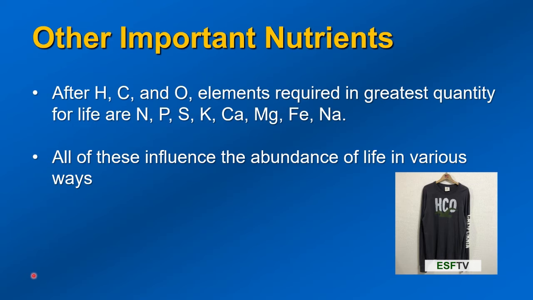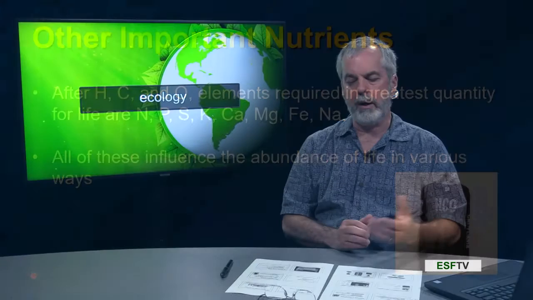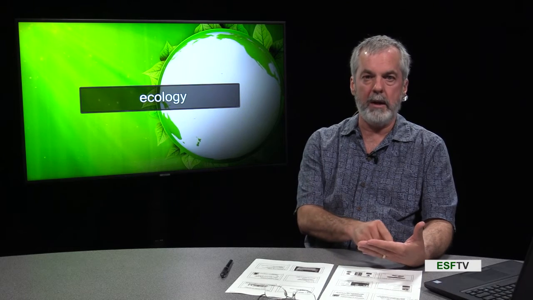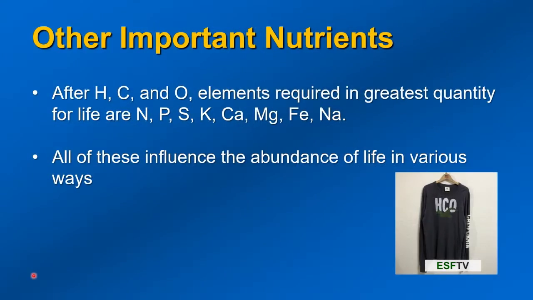Calcium, magnesium, iron, and sodium. Those are all very important, and they will come up more or less during the semester at times. But you could also pick up a fertilizer box at the garden store, Miracle Grow. Look on the back. The big players are NPK, nitrogen, phosphorus, potassium, and then the micronutrients, which are the rest. Okay, so except HCO, those are not in there.